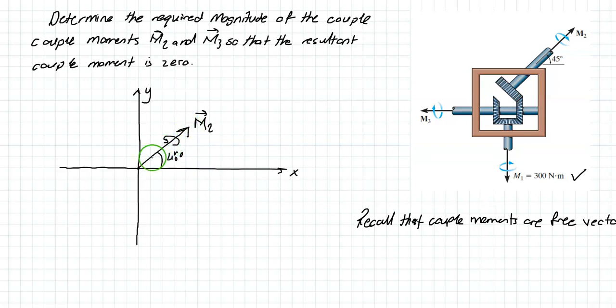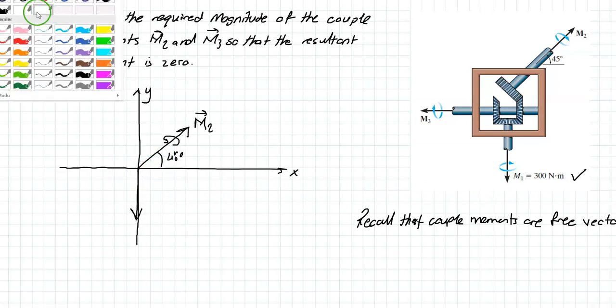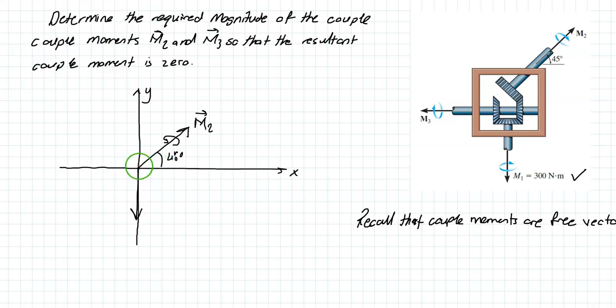Assuming that this is pointing towards our thumb, based on the right hand rule, that is the rotation. And for M1 we have this vector here. Let's use a different color for the moment vector. So this is M2, this is M1, and this will be M3.